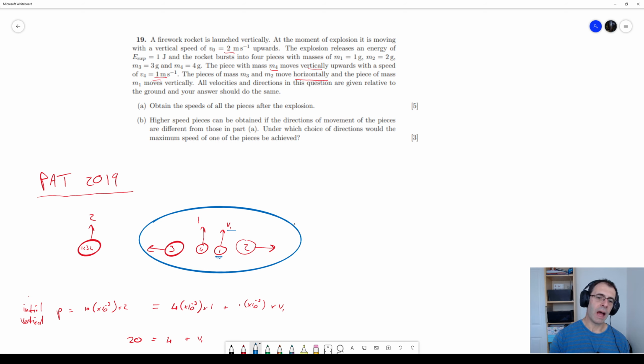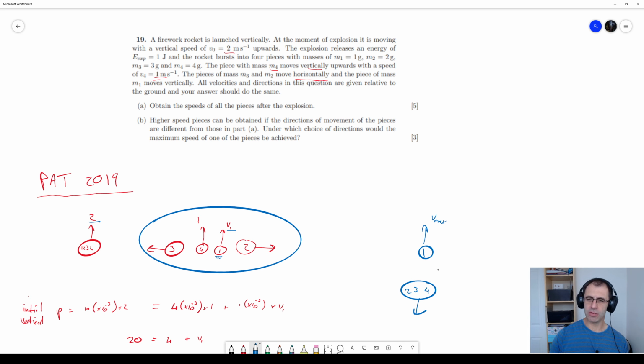If we then add to that the fact that it starts off moving upwards at 2 meters per second, it makes reasonable sense then that if I split these such that 1 is traveling upwards and 2, 3, 4 are all traveling downwards, then none of the energy released in the explosion is wasted sending stuff out side to side, and by conservation of momentum, 1 will achieve the highest speed upwards, because the total mass going in the opposite direction is substantially larger.